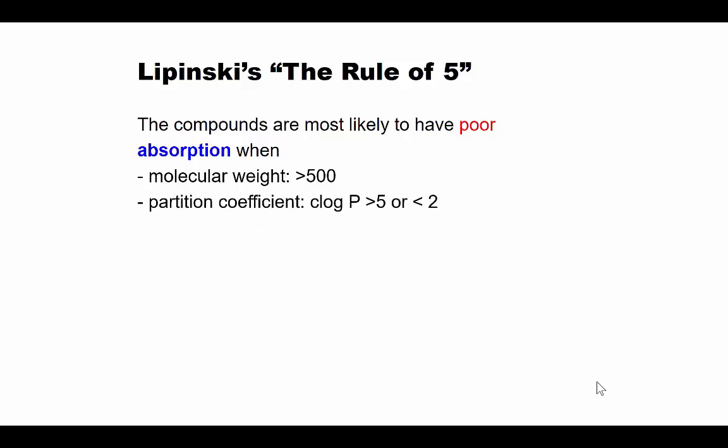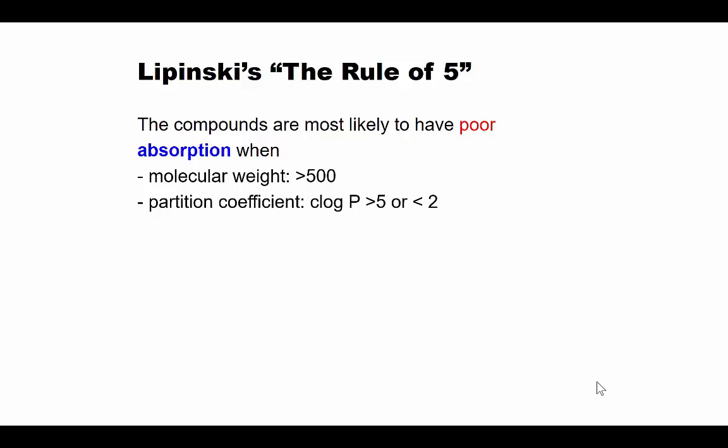And the partition coefficient, the log P value. If you calculate it, we call it C log P. If this number is high, the molecule is hydrophobic. If the number is low, the molecule becomes hydrophilic.